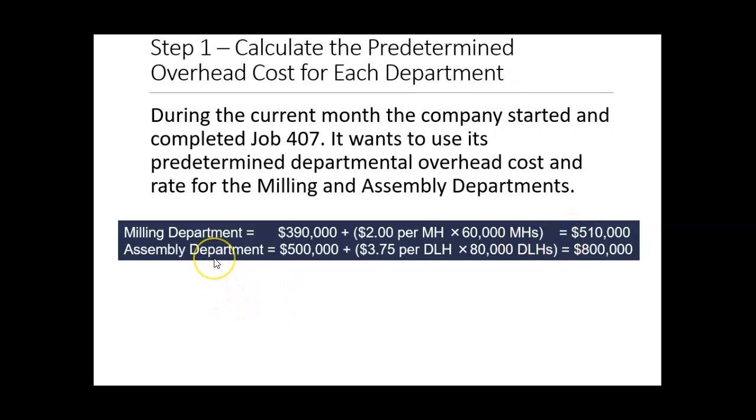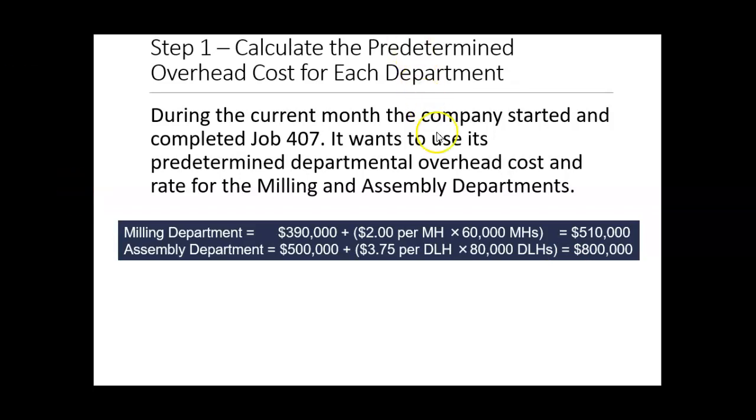In the assembly department, we take our fixed overhead cost. The variable overhead rate would be $375 per direct labor hour. We expect for the year to use 80,000 direct labor hours, so the total overhead cost in the assembly department is estimated at $800,000.